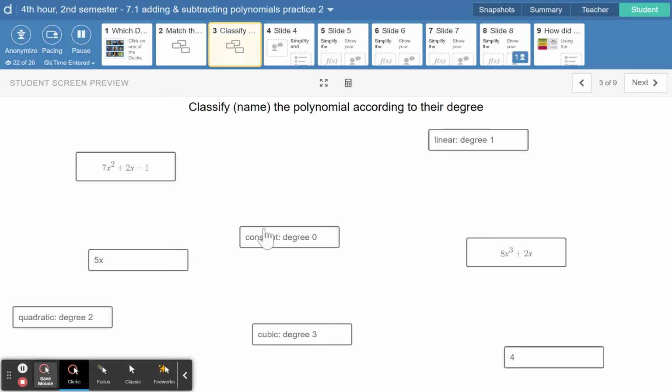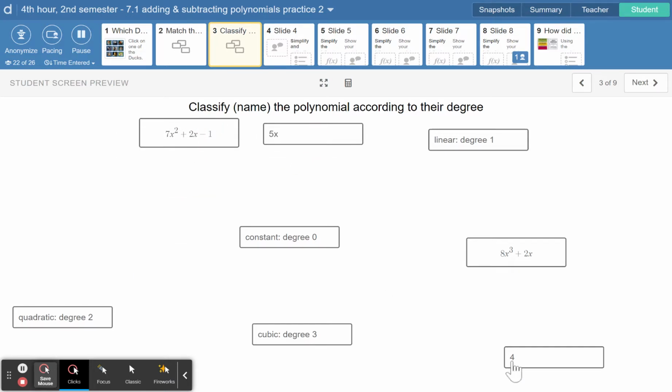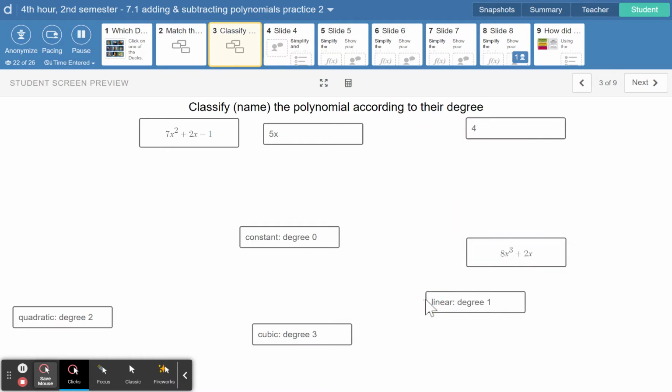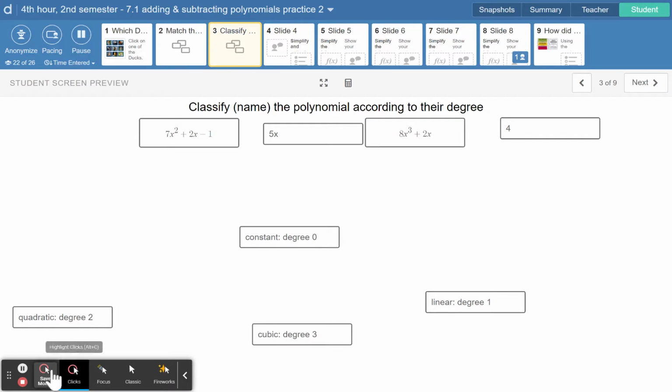Once we go over to slide 3, we have just the degrees. Okay, degree is what we look at for the exponents. So we look at the biggest exponent. So we have squared, we have a number next to the x.